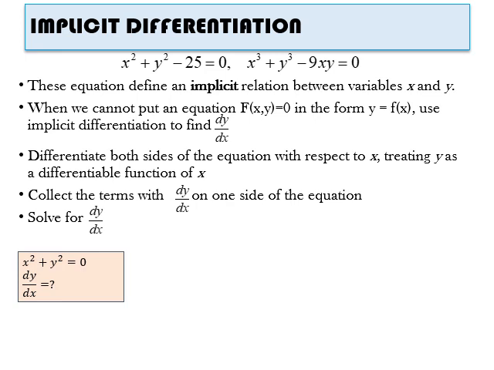So now implicit differentiation. Before we learn how to differentiate implicit functions, you need to understand what it means by an implicit function. You can see here, this equation defines an implicit relation between variables x and y.